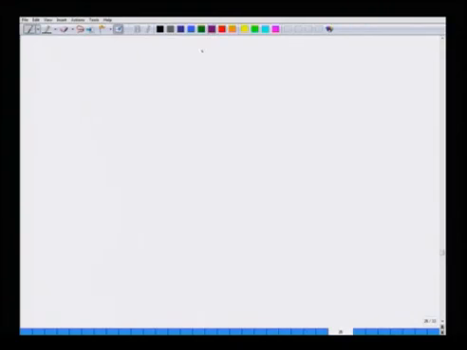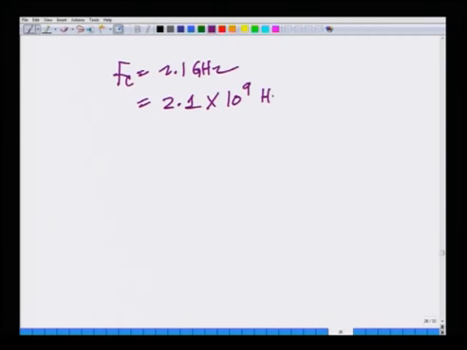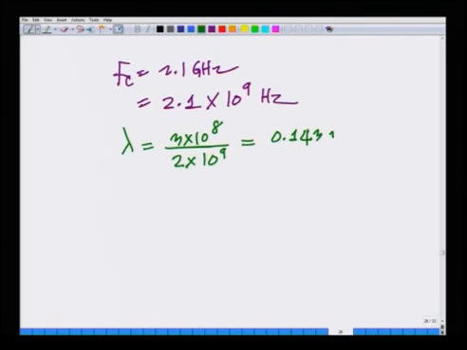We are given F c equals 2.1 gigahertz, which is 2.1 into 10 to the power of 9 hertz, and we also know that lambda equals 3 into 10 power 8 divided by 2.1 into 10 power 9 equals 0.143 meters.